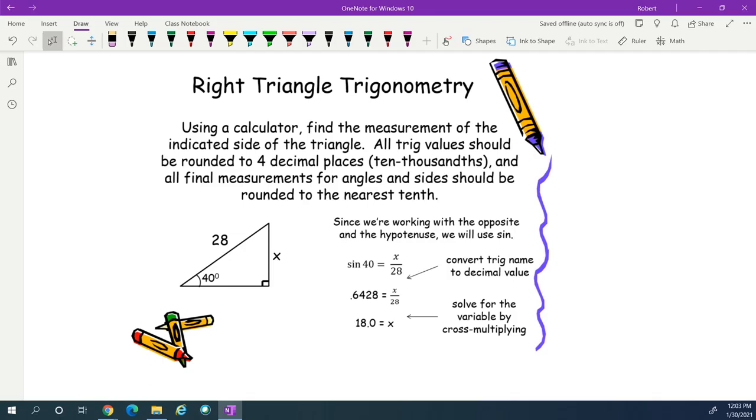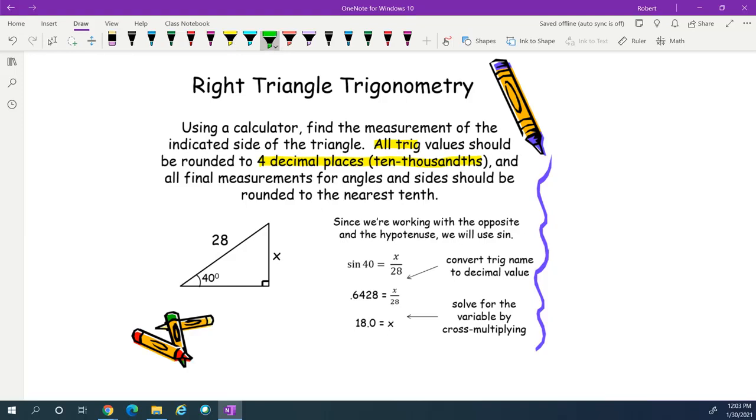The directions there are basically telling us when we type in the sine or cosine or tangent, when we type in the trigonometry, we want to get the decimal to the 10,000ths. The final answer should be rounded to the tenths. So keep this in mind. All trig, we're going to go to the 10,000ths.